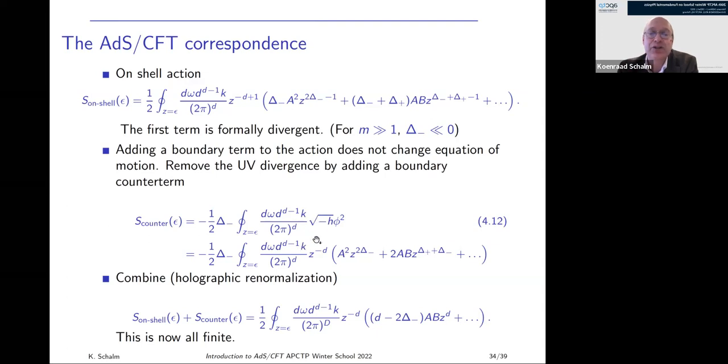So this precise procedure where you add a boundary counter term to the system to remove this divergence has been called holographic renormalization or holographic normal ordering, precisely because it is precisely analogous.